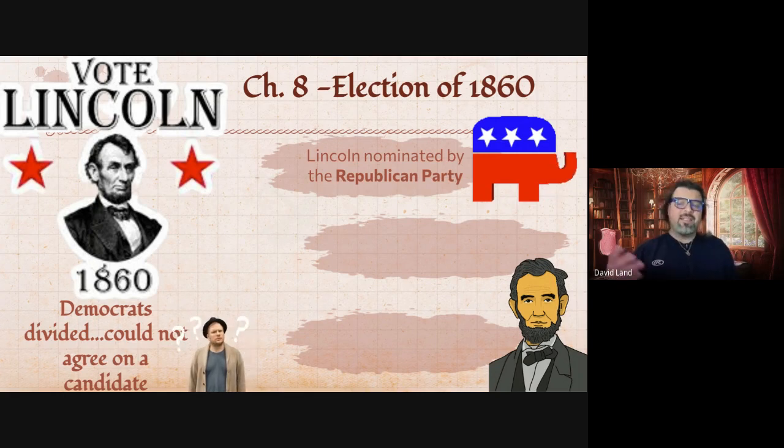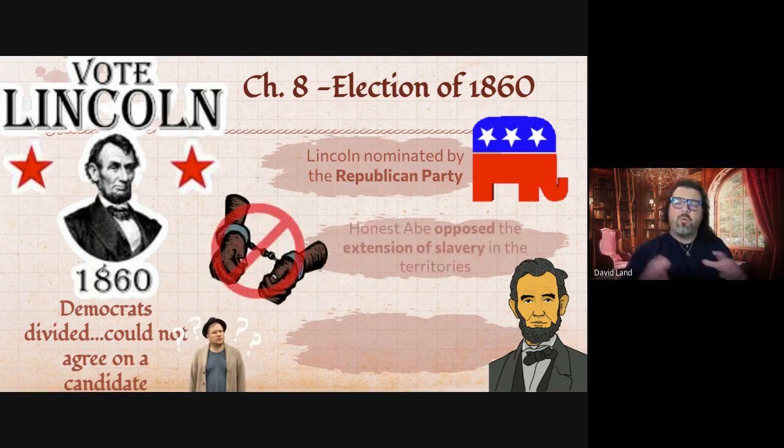Why? Because they were split about what to do with secession. Remember that state that seceded yesterday? That was South Carolina. Because they couldn't agree on whether or not to officially break up, the Democrats were split. They didn't have a candidate.